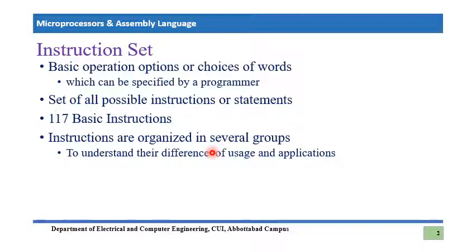Because to understand the difference of usage and application, each of these instructions is applied on several operands or data operations differently, so their different usage categorizes them in different groups. So these groups are basically the categories of different groups in instruction set.